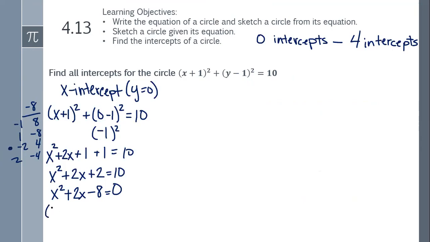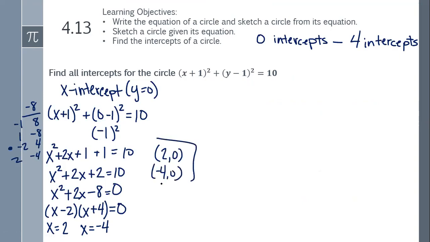So this now factors into (x minus 2)(x plus 4) equals 0. Using your zero product property, x equals 2, x equals negative 4. Those are our two intercepts. If I wanted to write them as points, I could say (2, 0) and (negative 4, 0).